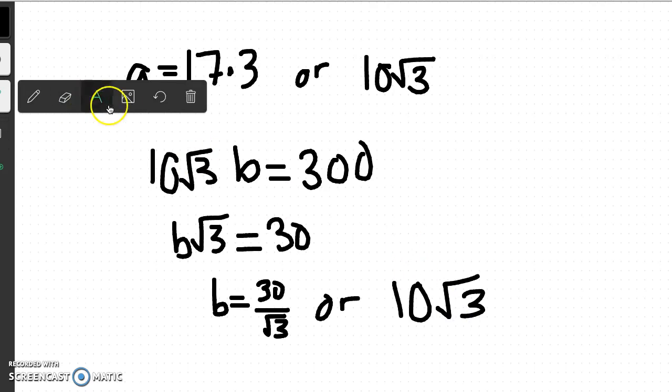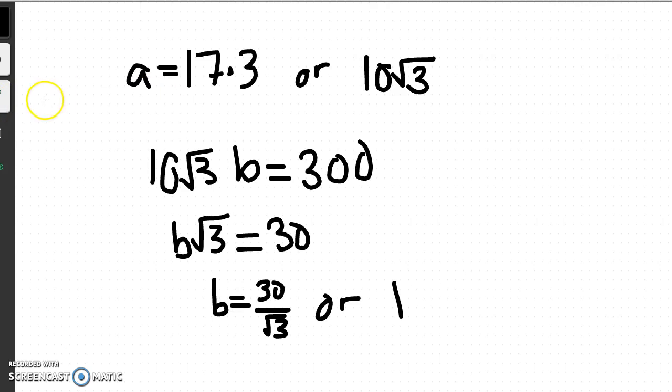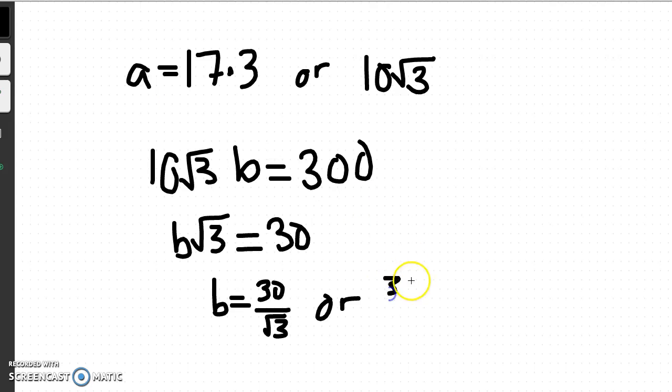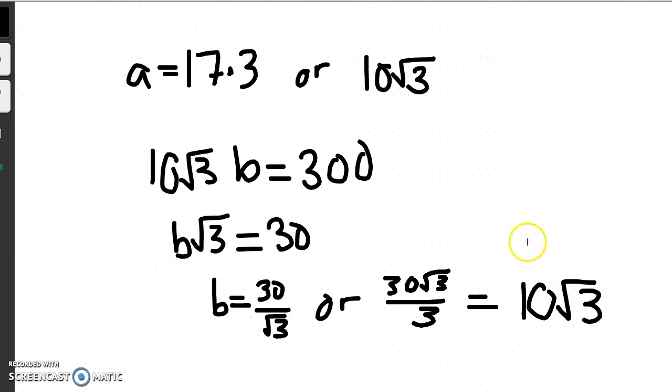Let's go back for a minute here. 30 root 3 over 3 equals 10 root 3. If 10 root 3 times 10 root 3 equals 300, it's true.